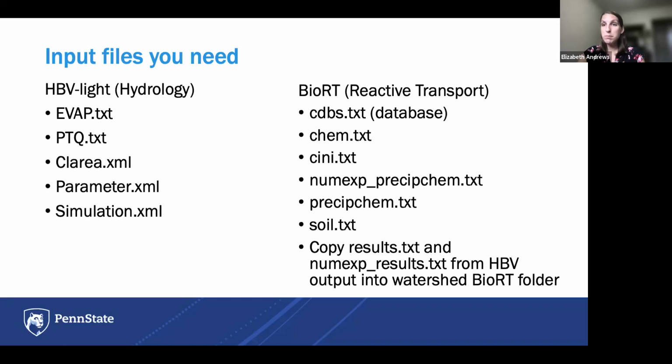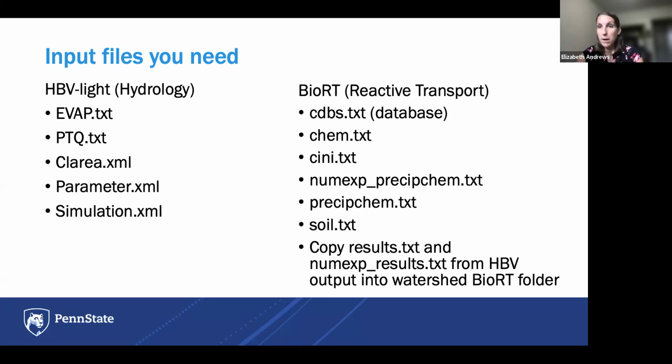On the BioRT side, this is what we'll mostly be focusing on in these videos. You'll need important files that will provide database information: our cdbs.txt, our chem.txt, the cini.txt, which is going to provide initial conditions, precipitation chemistry.txt, which is either going to be a numerical experiment or something that's used for a warm-up period, and a soil.txt.